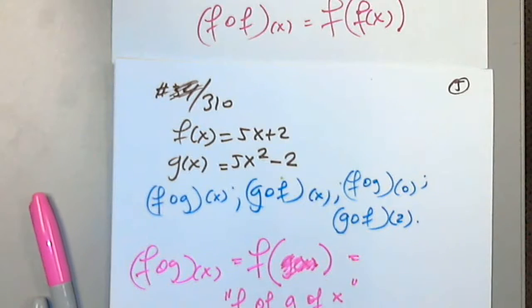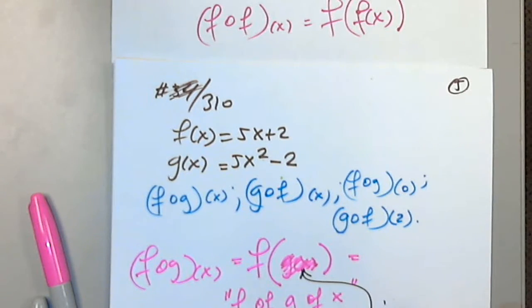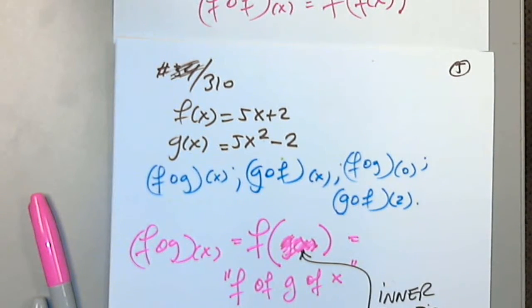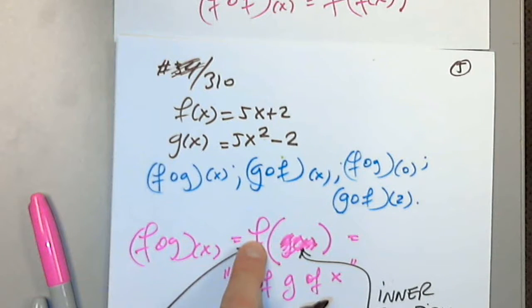This function in here is called the inner function, because this is the function I start with first. What do you think f will be called? Of course, it is the outer function. Why? Because it's the last function I apply. So this is called the inner and this is called the outer.